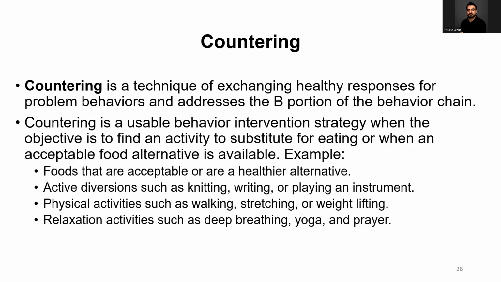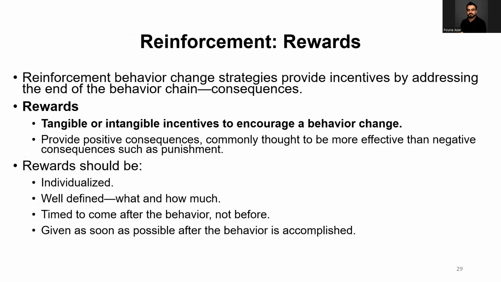So these are some examples, and we are trying to substitute these activities for eating, or when an acceptable food alternative is available. This is called countering, and this countering addresses the behavior portion of the ABC model.